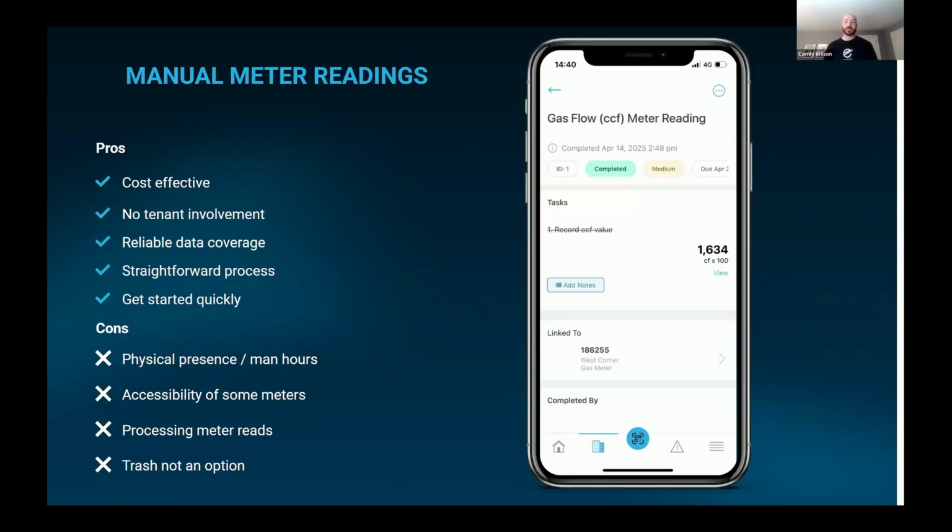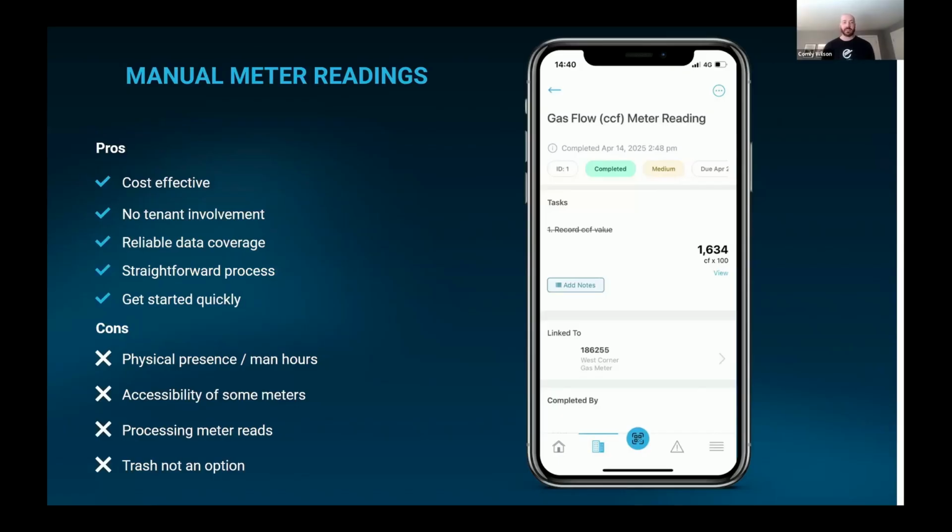When it comes to electricity, an estimated 80% of meters are on the outside of the building and not in tenant spaces, so it can be a really good solution there too. But some meters will require accessing the tenant space. And then water is kind of all over the place, and it can vary dramatically by location and tenant infrastructure and a bunch of other factors.